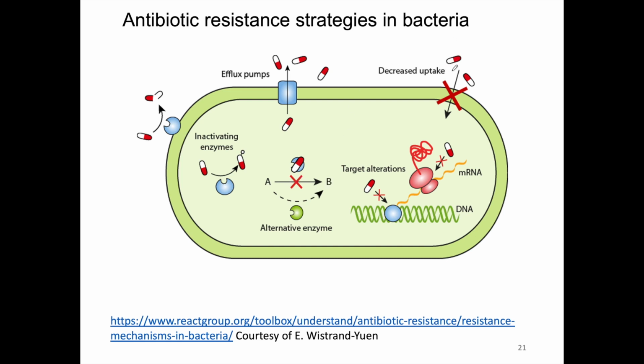Depending on how a drug gets into a cell, you can have decreased uptake, and then you can also alter the target. So drugs that target the ribosome can be modified so the drug no longer binds, or if a drug targets DNA or an enzyme that processes DNA, that enzyme can be mutated such that the drug no longer binds.